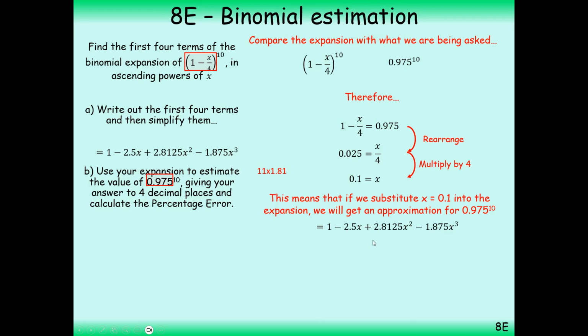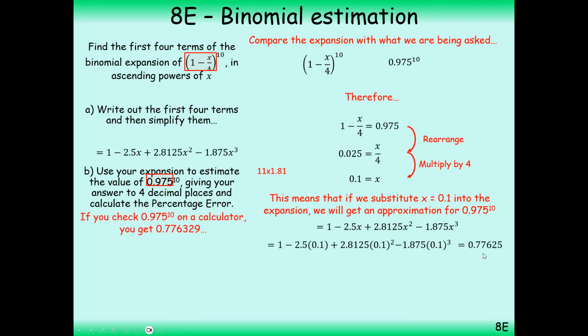Substituting x equals 0.1 into this expression, you can see this last term, this bracket here, is 0.001 times 1.8. This is already a very small value, so you can see why we can omit the other terms. So this is our estimate for 0.975 raised to the power 10.